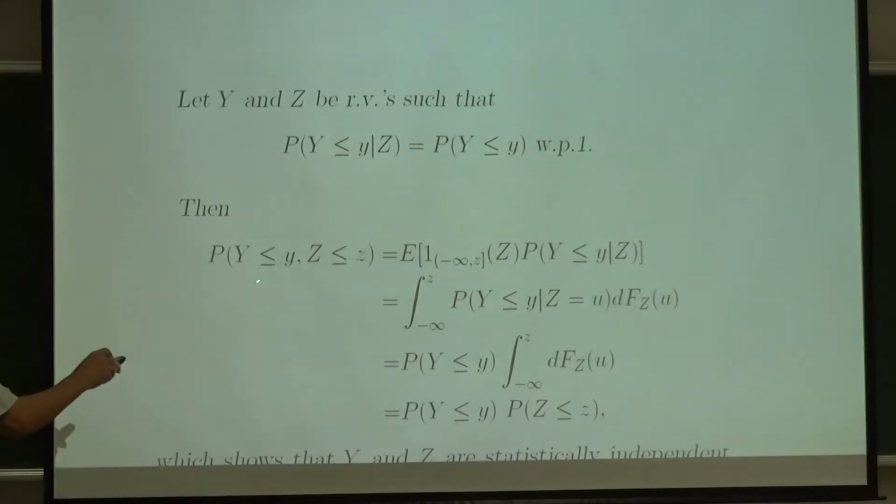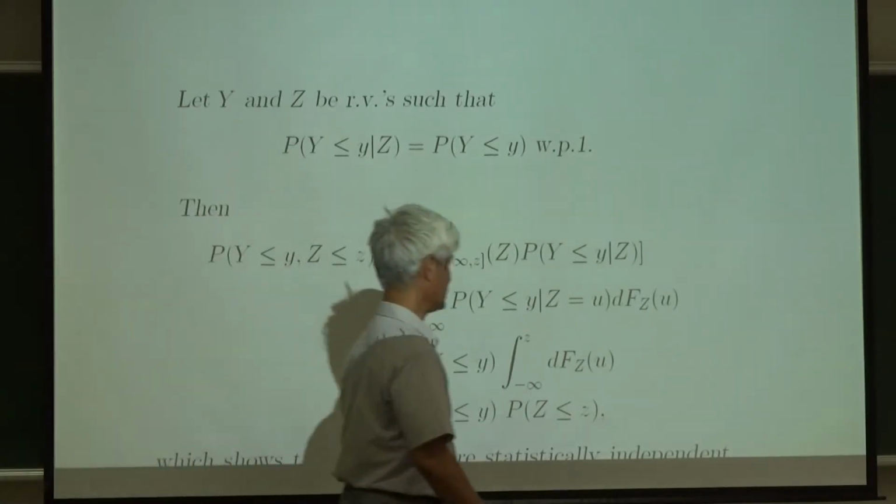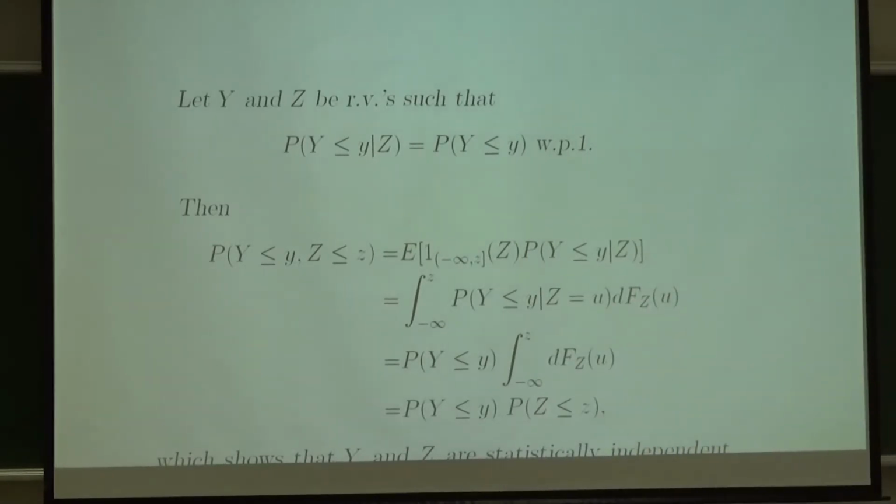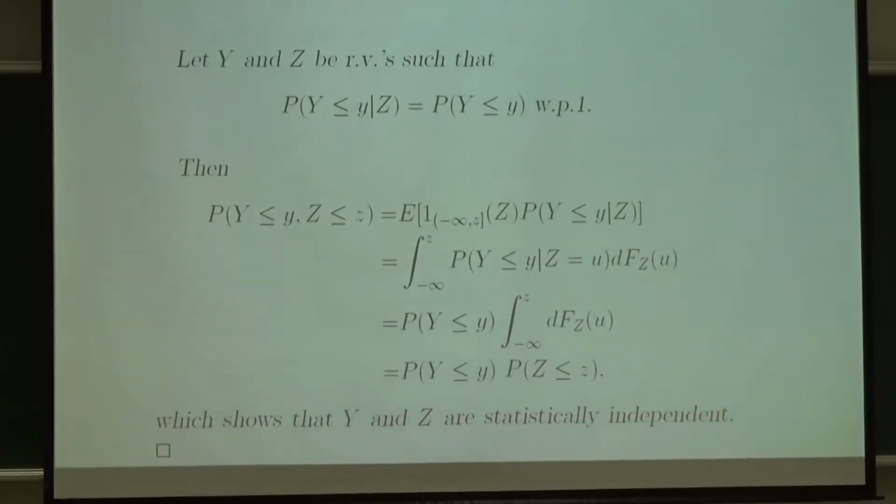This is the joint distribution, and this is the product of the marginal distributions. So that shows that y and z are statistically independent. Okay. Any questions? You can think about this as a review of what we have done before.